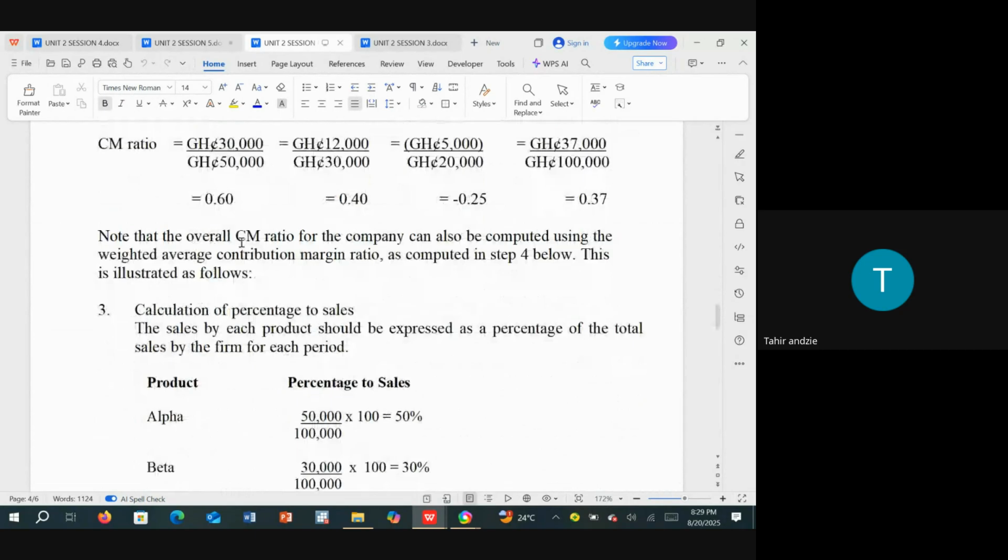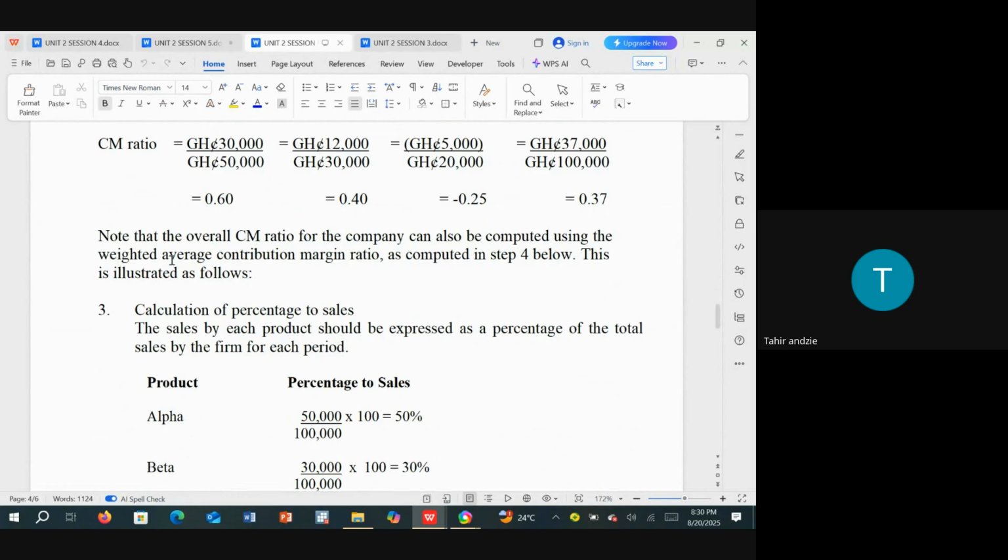Note that the overall contribution margin ratio for the company can also be computed using the weighted average contribution margin ratio. You can calculate that using the weighted average contribution margin ratio, and that's what we are working to arrive at.